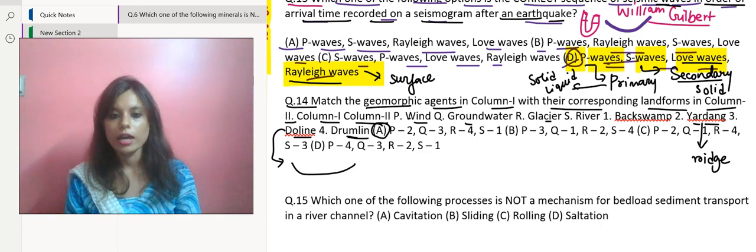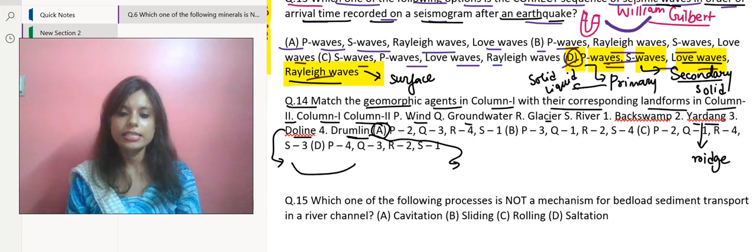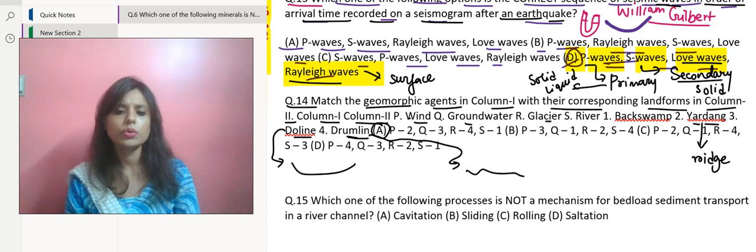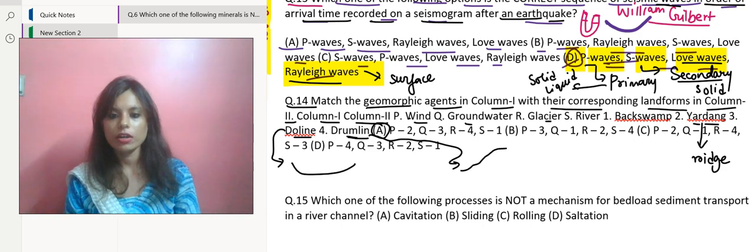And the last one, drumlin. Drumlin is a very smooth, elongated hill that is formed by the movement of a glacier.